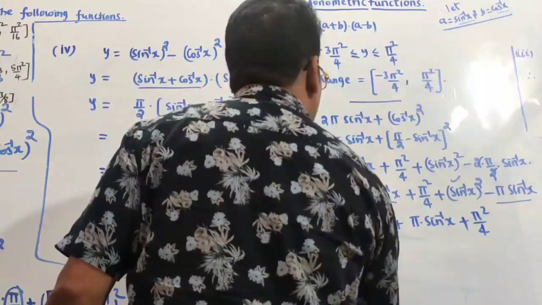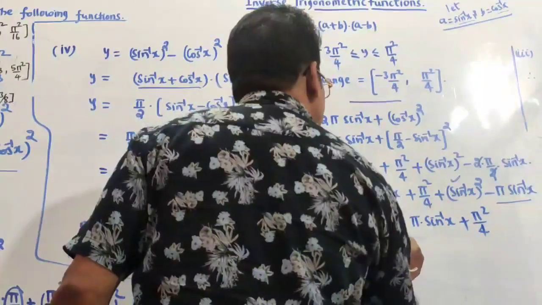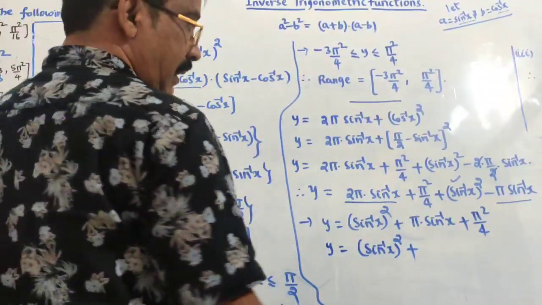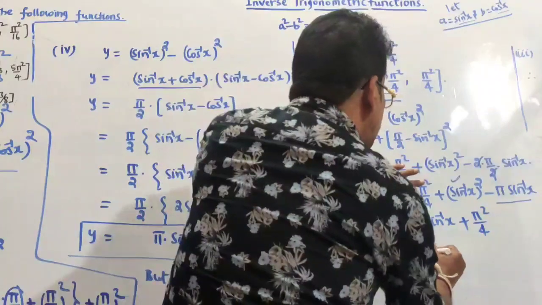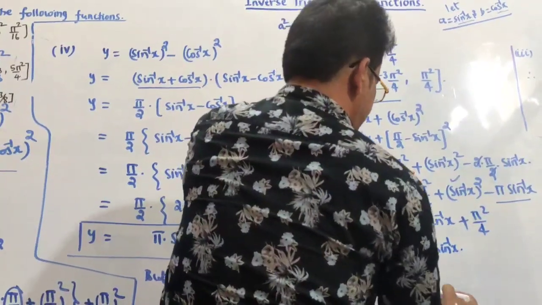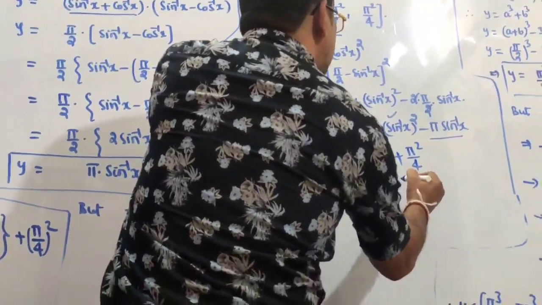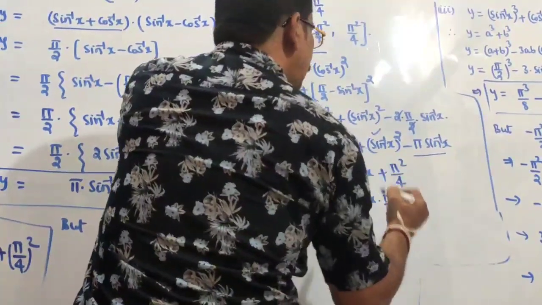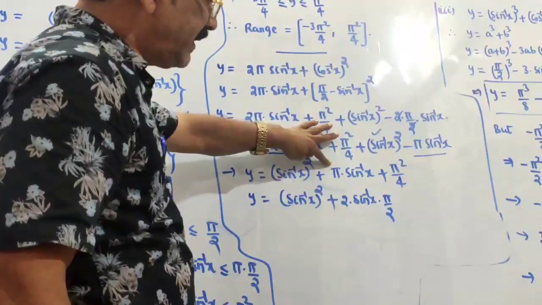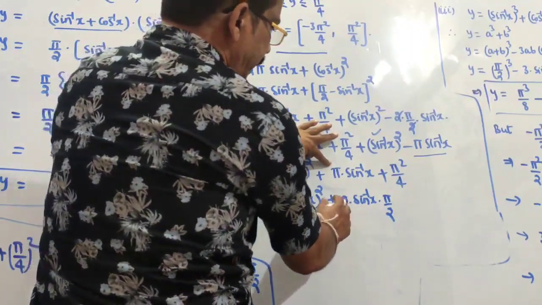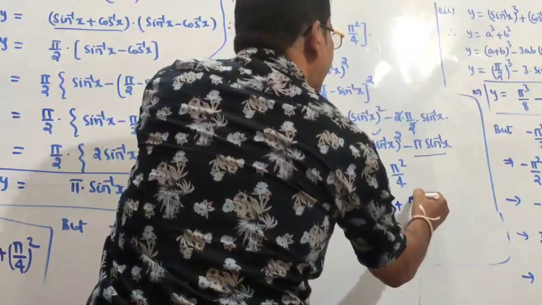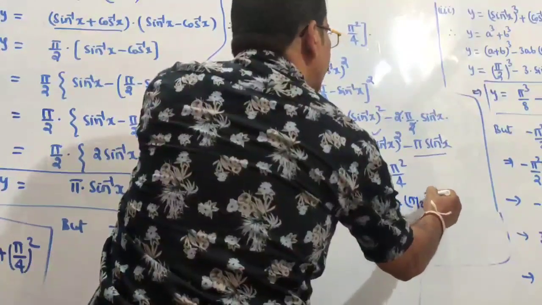So it will be sin inverse x whole square plus 2 sin inverse x into pi by 2, and then pi by 2 whole square.